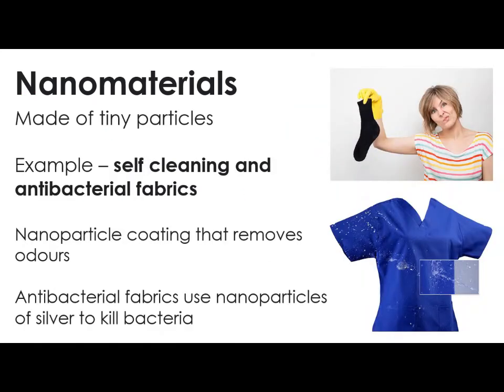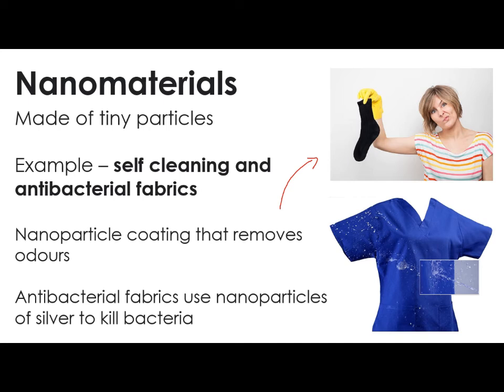Some more examples of nanomaterials, and I quite like these examples, are self-cleaning and antibacterial fabrics. These are fabrics that have tiny little particles in the structure of the fabric that carry out different jobs. So for example, you could have some self-cleaning socks.